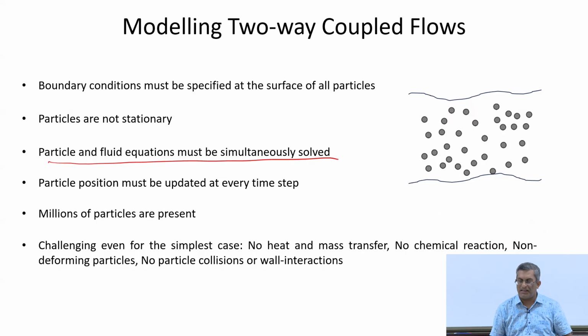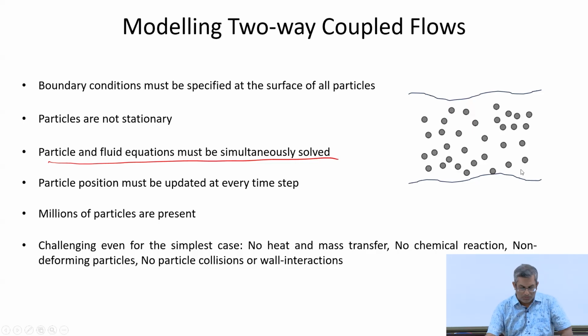What is the simplest case? Simplest case means you have some, let's say, solid particles in your flow. Particles are perfectly spherical. Let's say particle size is also monodisperse. The particles are not deforming, no heat mass transfer, no chemical reaction, no particle collision, no particle wall interaction. Yet it is extremely challenging.